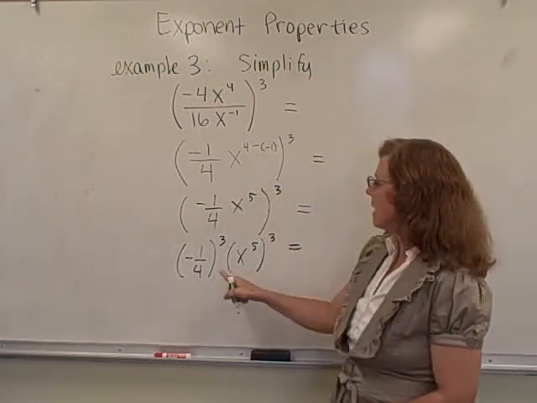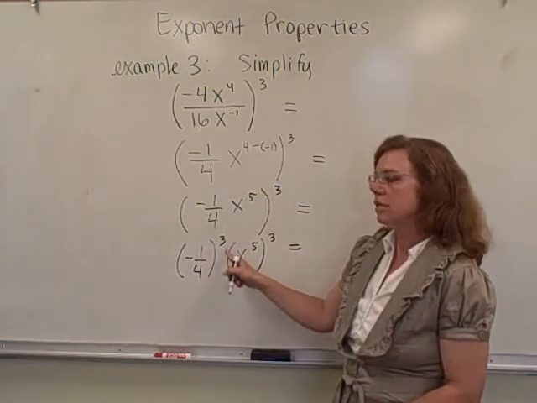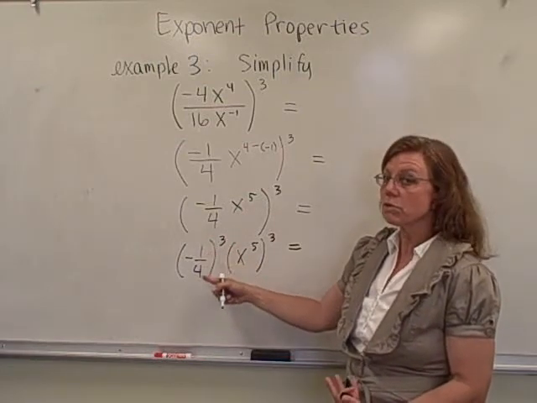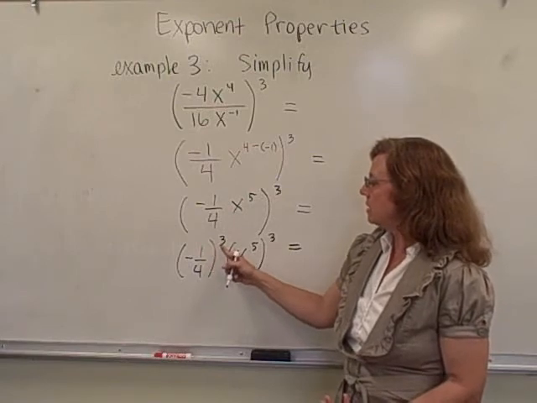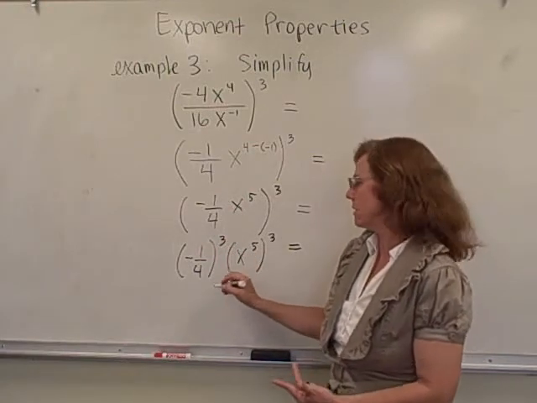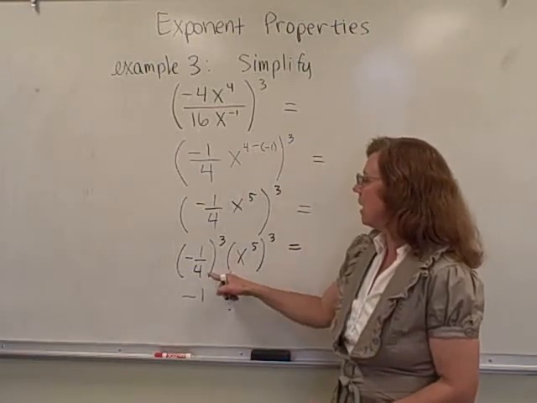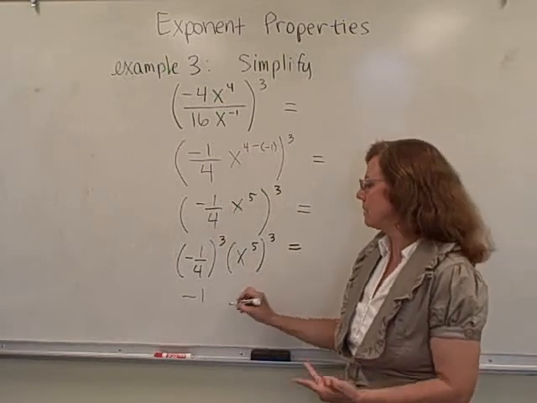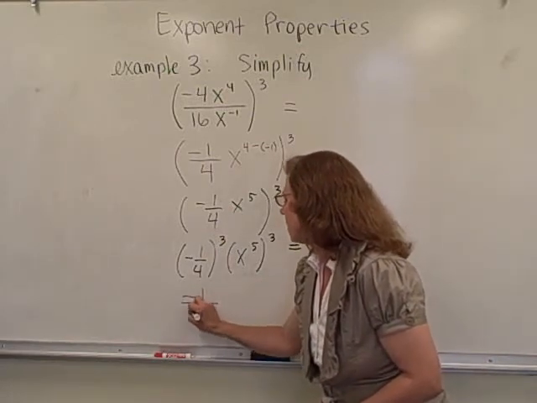And so now, -1/4 to the 3rd, well, we have to think of that as the quotient rule. Our base is a quotient, and so -1 to the 3rd, -1 times -1 times -1 is still going to be -1, but also the denominator, 4 to the 3rd. So 4 times 4 is 16, times 4 is 64.